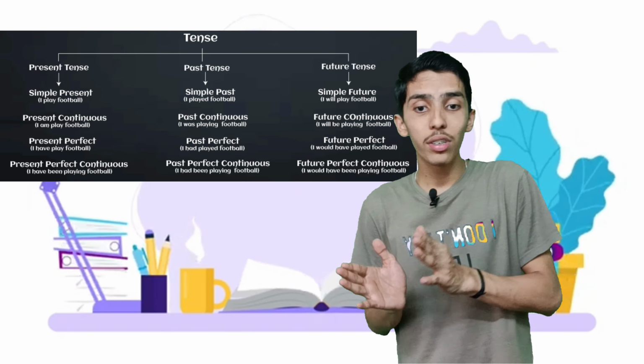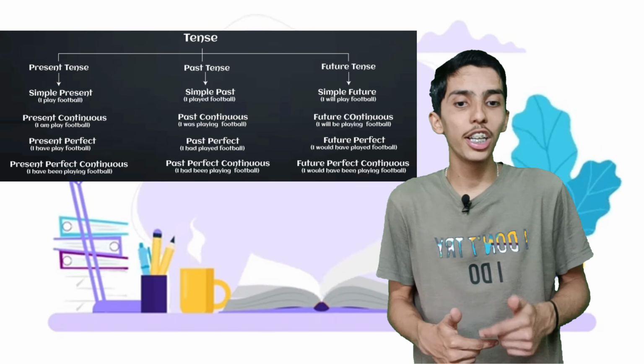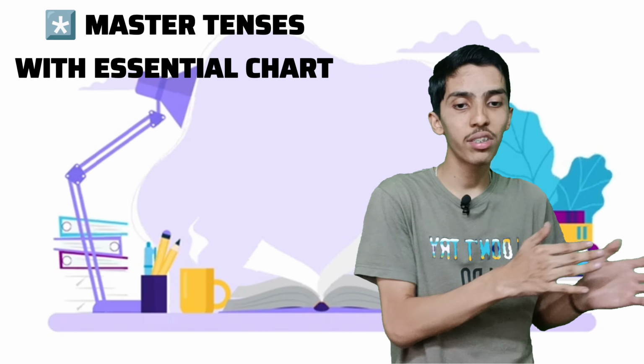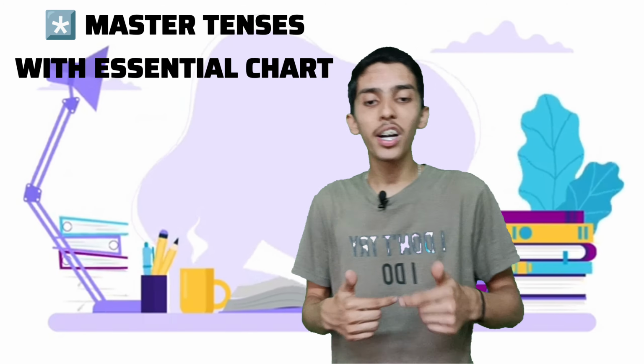Now with this overview, we are ready to go to the next part, that is master tenses with the essential chart. This is very important for identifying tenses. You can identify the tenses by using this essential chart. Now that you have a clear overview of the 12 types of tenses, let's dive into the essential tool.